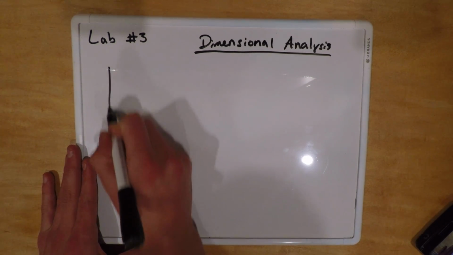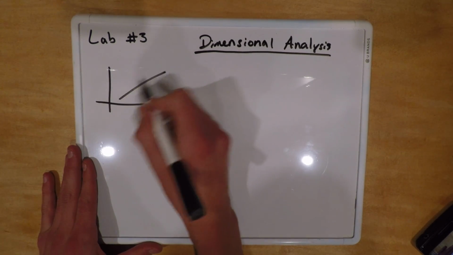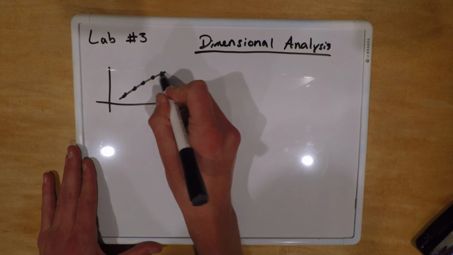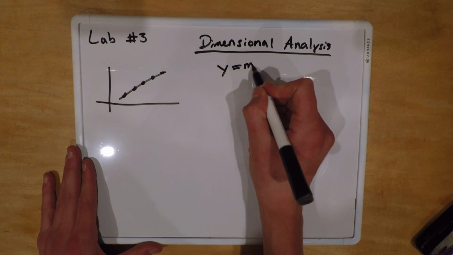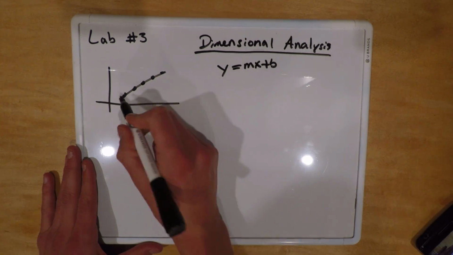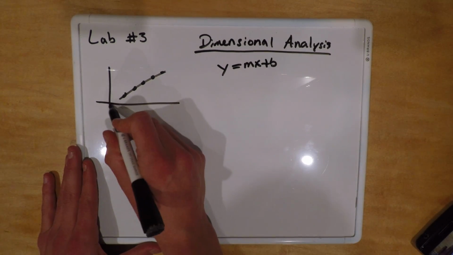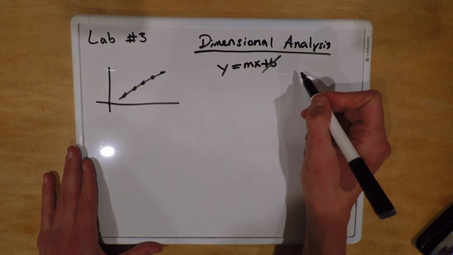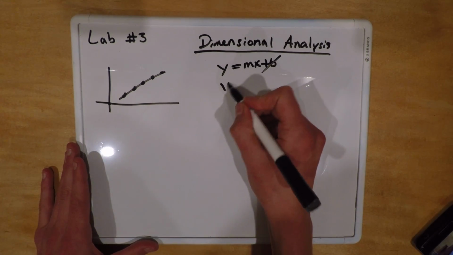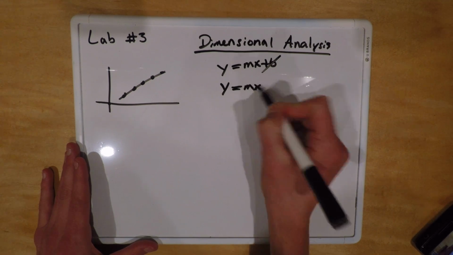What you just saw is a linear graph with a bunch of points on it that has a straight line. We know that the equation of this line is y = mx + b. However, at zero time, or zero length, your y-intercept is going to be 0, so we can cross out b because we know it's 0. So y = mx.